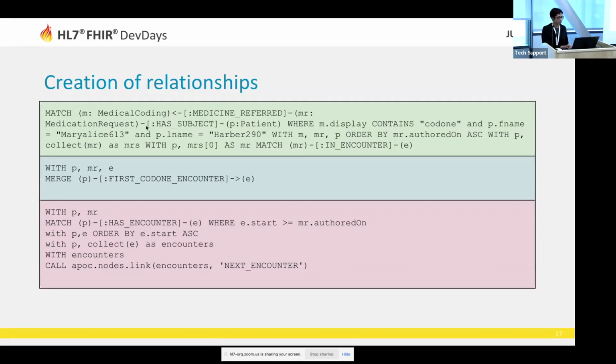But it was pretty intuitive for me to first match up the medical code with the code representing the opioid, find the first encounter referred to by the medication request, make the relationships between the patient and that encounter, and so on, right? From there, that's my first encounter, and then I go on creating the remaining links between future encounters.